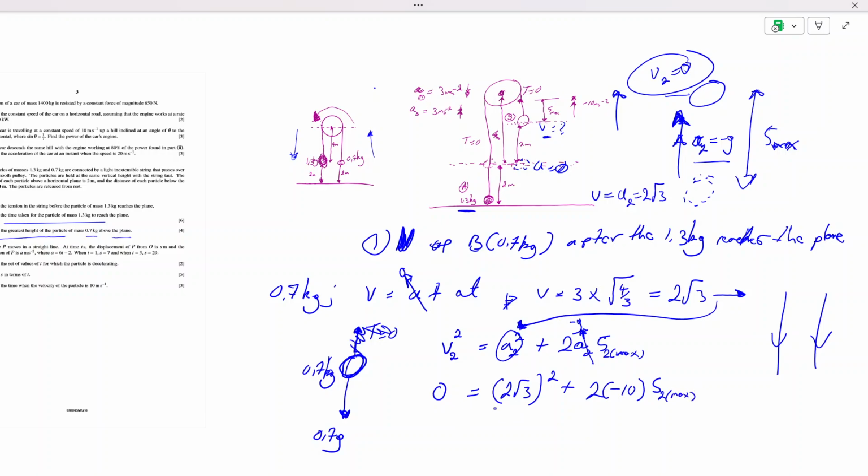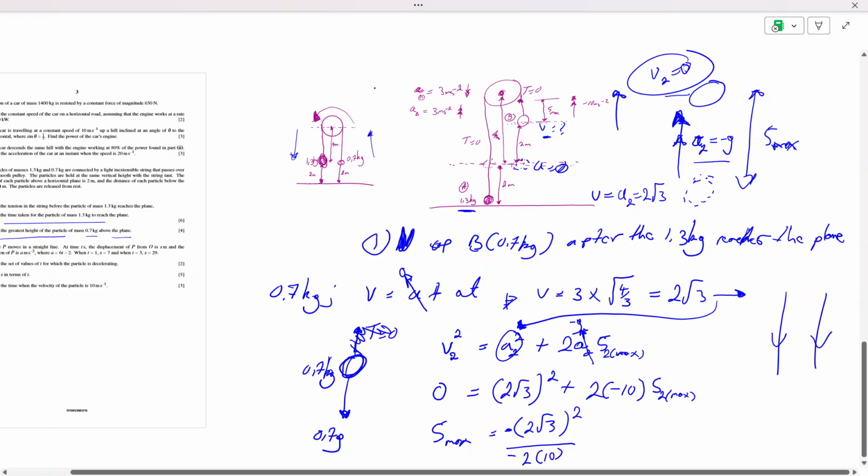Then I take that to the other side. s max is equal to 2 root 3 squared divided by 2 multiplied by 10.